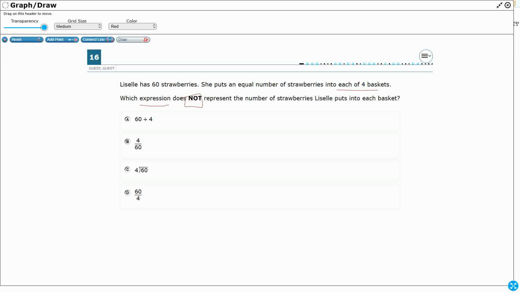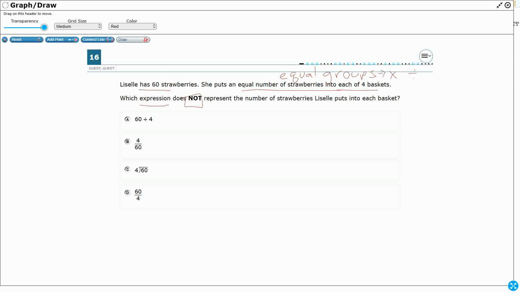And so we're looking for different ways to express division here, because when we have an equal number of strawberries in each basket, that lets us know we have equal groups. And when we have equal groups, we should automatically be thinking multiplication or division.